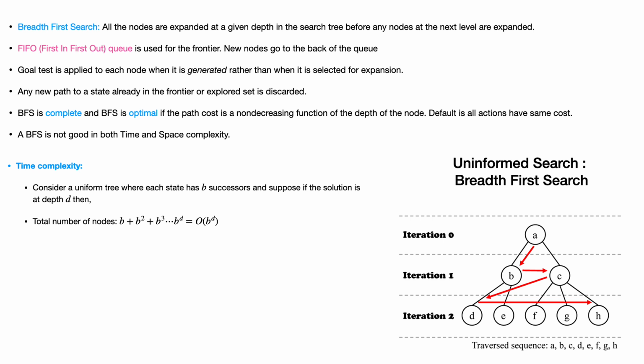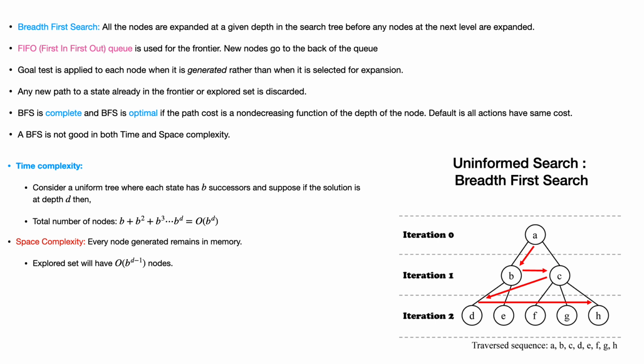The worst case complexity would be b^d, which is way above. To test whether it is a goal node or not, you need to visit each of those nodes, and the number of nodes is in the order of b^d. So the time complexity is O(b^d).